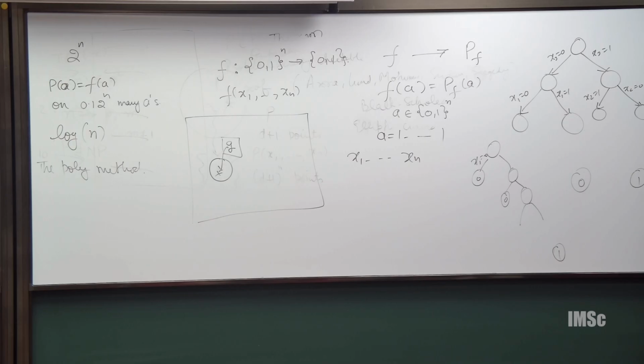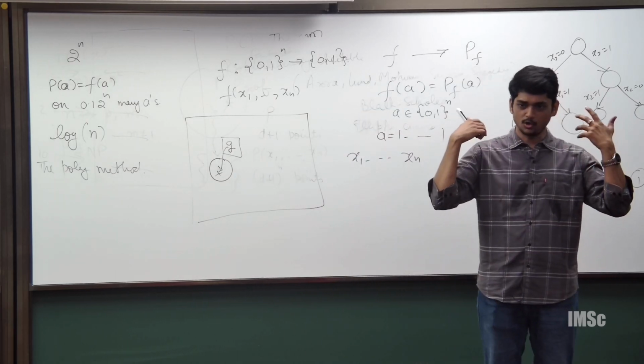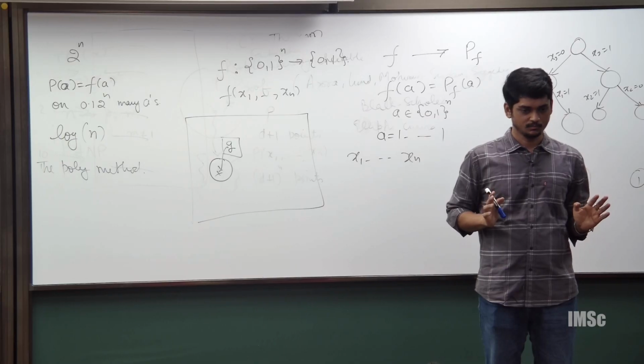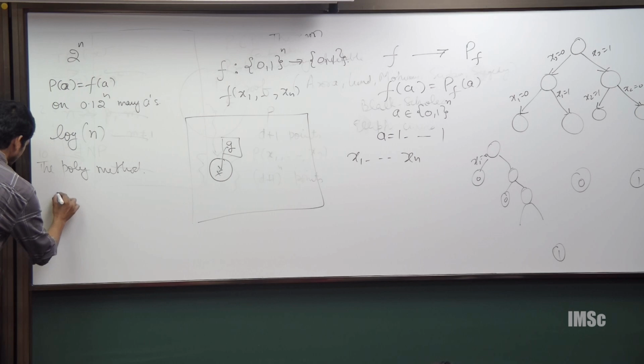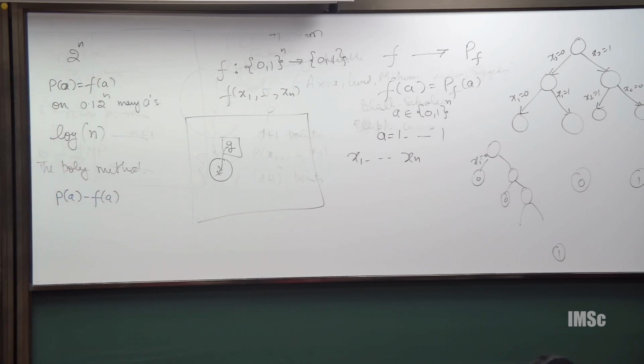Now there are other notions you could say. I will say I don't care whether the polynomial is correct on most points. In fact, it could be wrong on all points. I just want it to be close to my function. And by close, what I mean is I will look at these values P(a) minus f(a), and I will look at the absolute value.